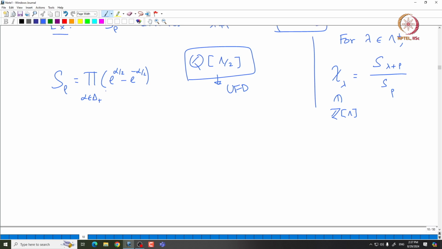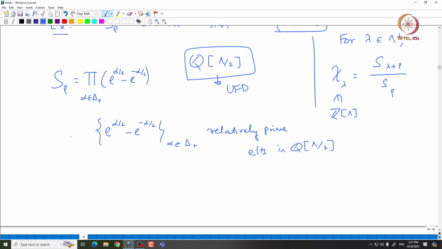These factors, e power alpha by 2 minus e power minus alpha by 2, for alpha in delta plus, are relatively prime elements inside this UFD.